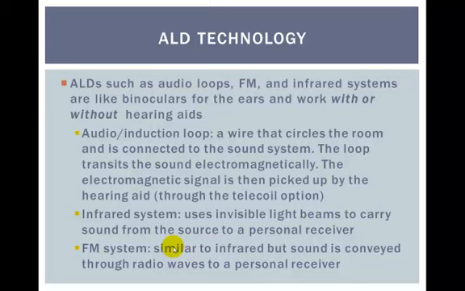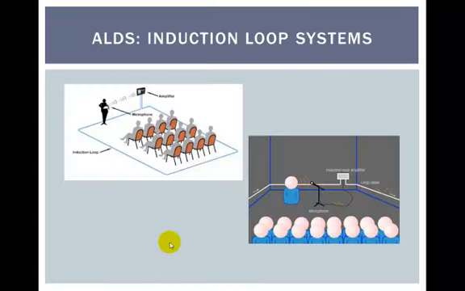The child or the teacher can set the FM system so that it only picks up the instructor, or it can also be set to pick up environmental sounds too, right? Because sometimes in certain situations we know that learning comes from what else is going on in the room. Okay, so those are some different types of technology utilized for ALDs, or assistive listening devices.